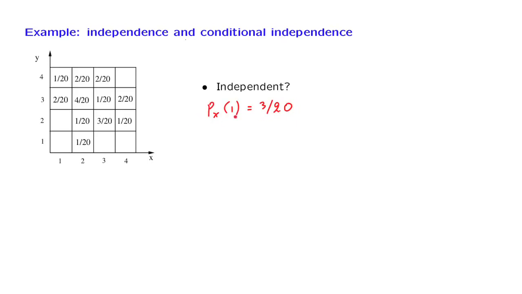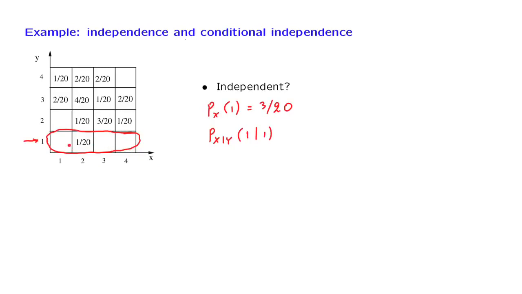Suppose now that somebody tells you the value of Y. For example, I tell you that Y happens to be equal to 1, in which case you're transported into this universe. In this universe, the conditional probability that X takes a value of 1, given that Y takes a value of 1, what is it?